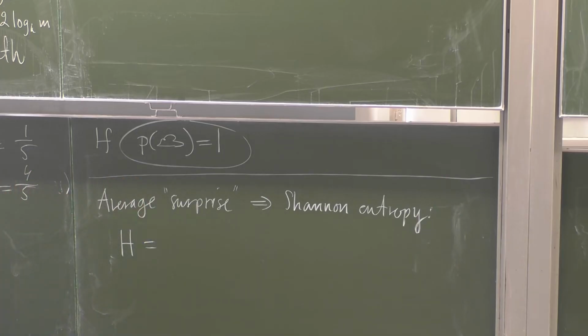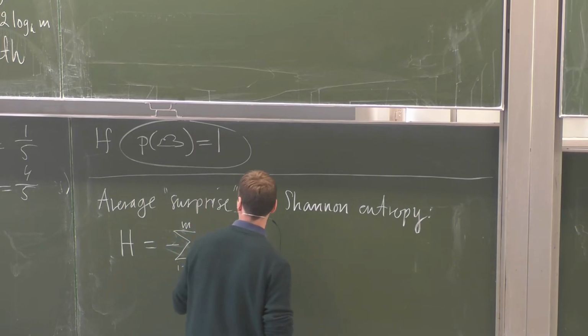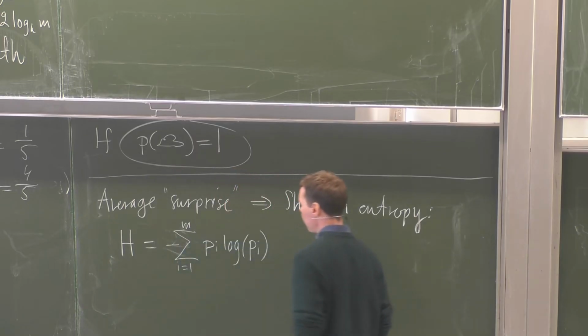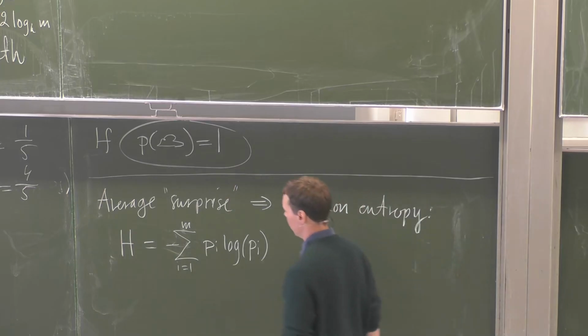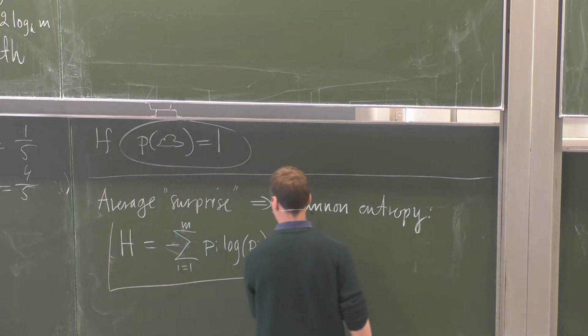Imagine you draw a lot of samples from this. What is the average surprise? Well, then I have to sum over the elements, minus sign, and then probability p_i times log p_i. This is the first very important formula.